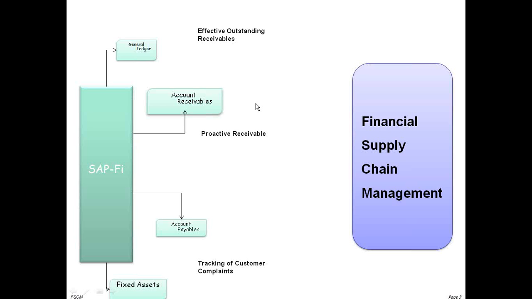These are the major challenges businesses face nowadays, and I am going to segregate them into 3 major issues. Is there any defined system that SAP has designed for each of these challenges? First of all, let me touch on tracking of customer complaints.